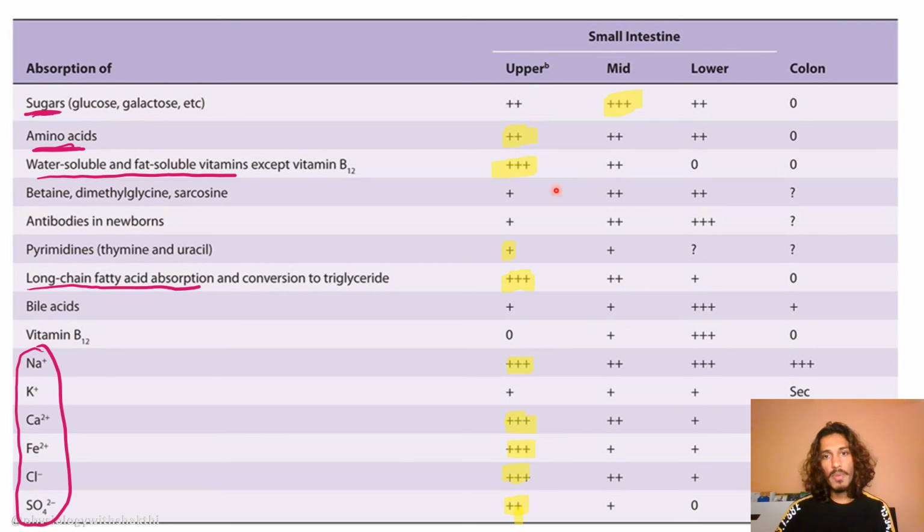Bile acid, vitamin B12, and the receptor mediated endocytosis process in newborns, where antibodies from the mother's milk are taken up as intact protein, take place in the lower part. Also remember potassium is secreted in the colon.